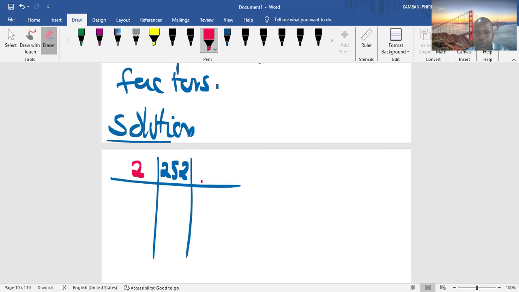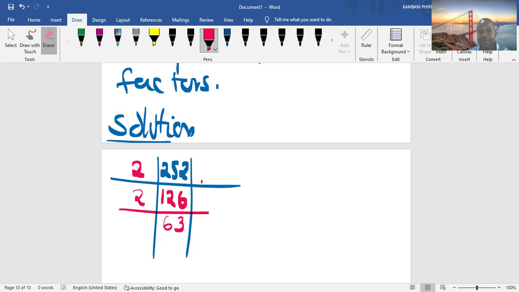So 2 into 252 is 126. Then 2 can still divide 2 into 126. It is 63. Then 2 cannot divide.